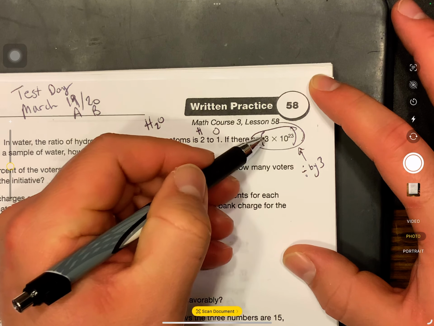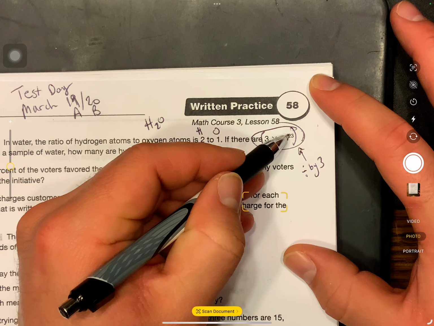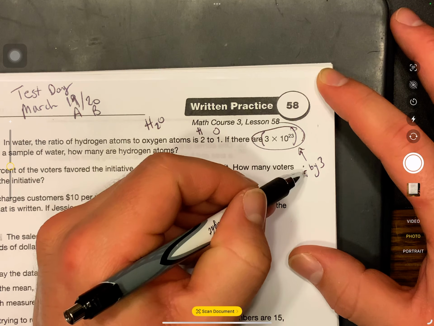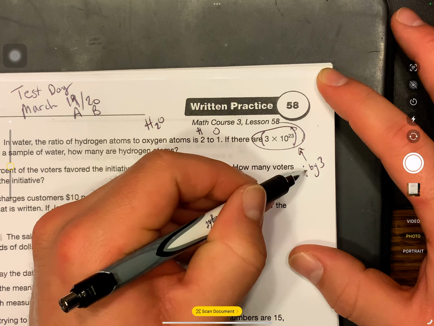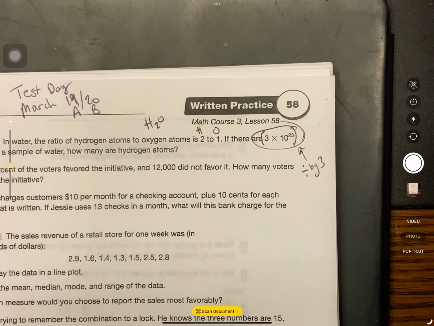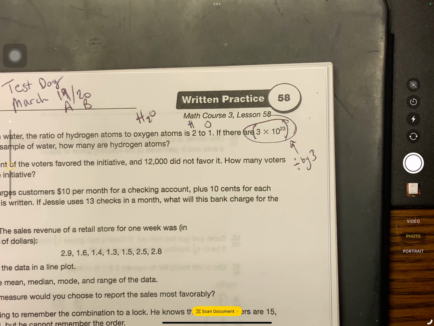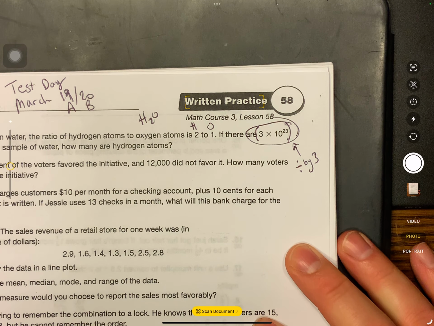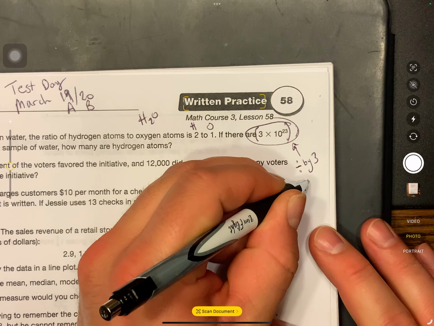Use the caret, 3 times 10 to the caret 23, and then close the parenthesis and then divide by 3. Now whatever that answer is, it's going to say something crazy on your calculator, like 1e23. It doesn't matter what it says. The point is, you're going to multiply that answer by 2.